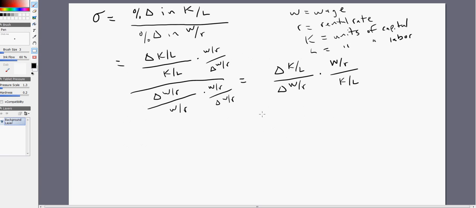So you'll note that using calculus, we can write it like this.